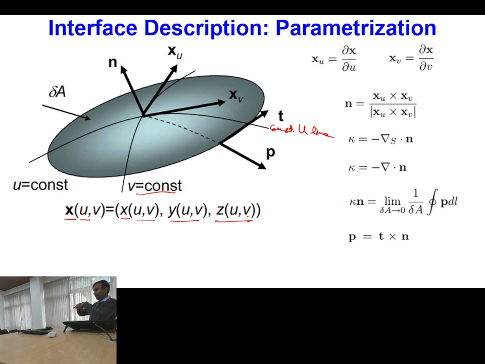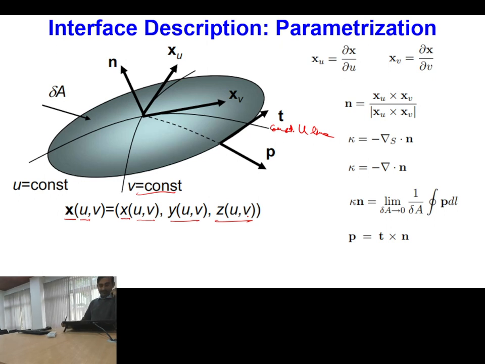Okay. And we are defining our parameter such that it is wrapping along the surface. So what it means? That my parameters required are only 2, but coordinates required to define the interface will be nothing but 3. Okay. Is this one clear?